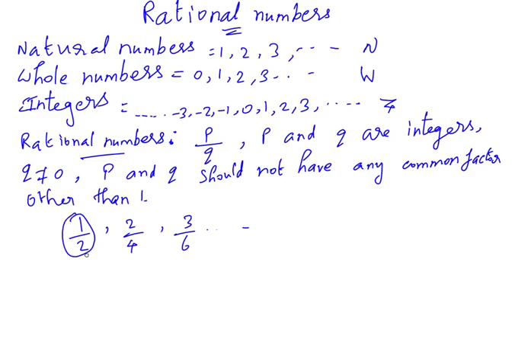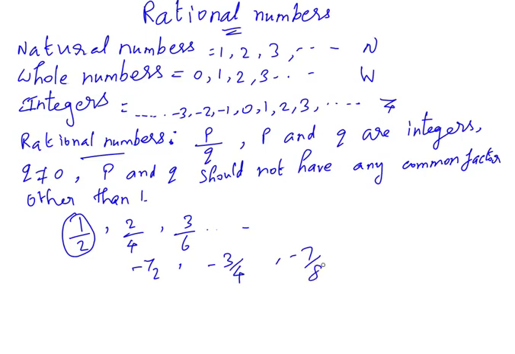Why? Because 1 and 2 do not have any common factor. 2 and 4 have a common factor. 2 is an integer, 4 is an integer, and 2 by 4 is a fraction, but 2 by 4 is not a rational number. 1 by 2 is a rational number. In the same way, minus 1 by 2 is a rational number. Minus 3 by 4 is a rational number.